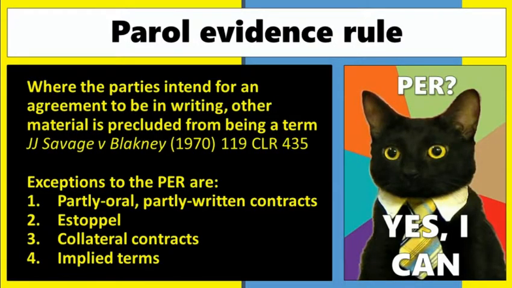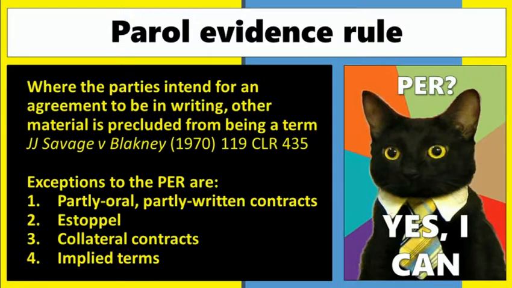And so on the topic of contractual terms and statements, it's probably important to note at this stage that there is a rule of law, not strictly speaking a rule of evidence, that states that in contract law, where the parties actually intend to enshrine a contract in writing, all of the material and statements that have been made up until that point, as part of negotiations and such like, are actually excluded by default from being terms in that document.